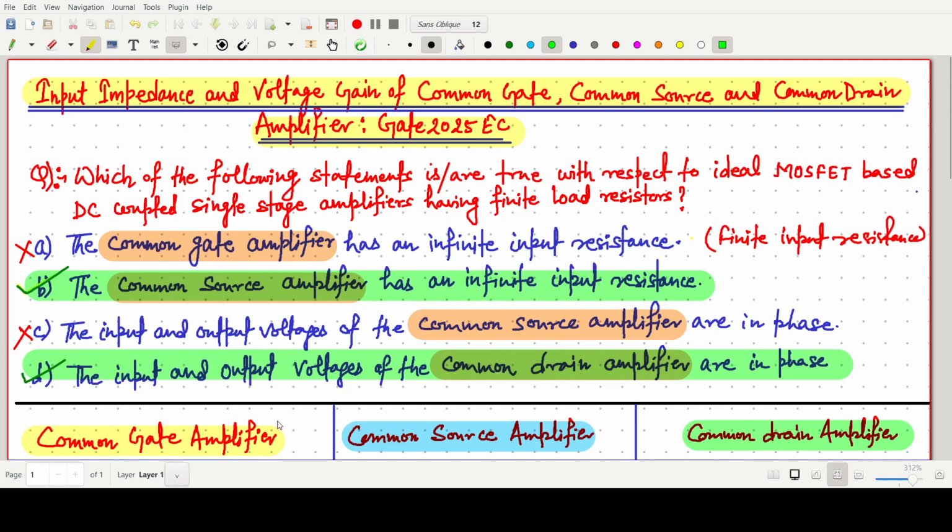Basically we have found only the input impedance and the voltage gain, to see whether input and output voltage are in phase or not. So that's why we have determined the voltage gain. So this is all about this simple video lecture.